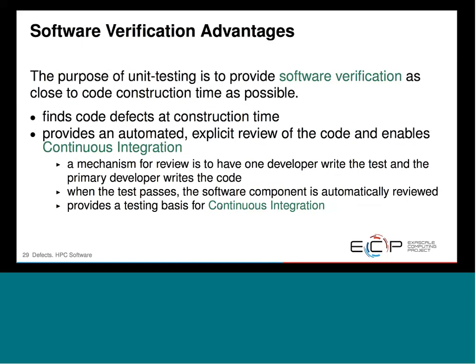Again, the idea is that we know going in that none of us unfailingly write bug-free code. We accept that, and so we come up with a process that enables us to find those defects at construction time. It helps provide an automated explicit review of the code, and it enables continuous integration.